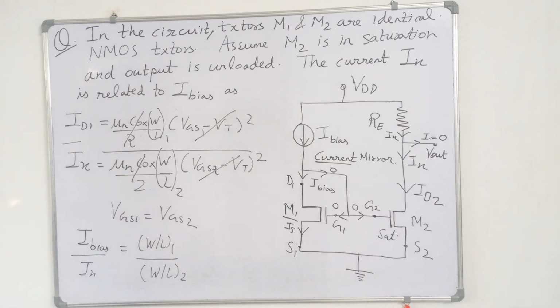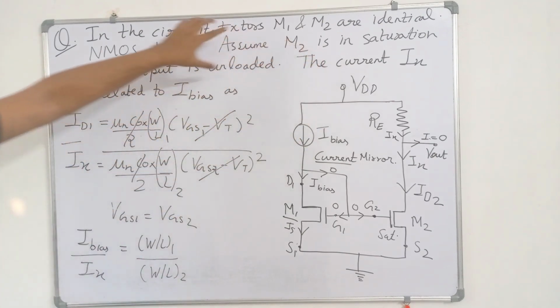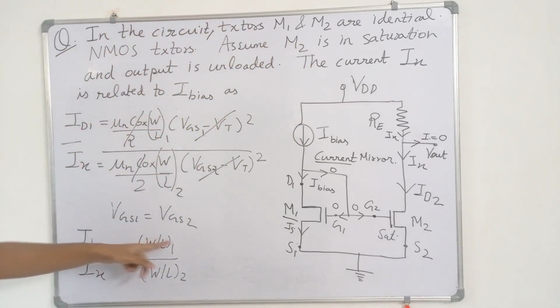So this is the relationship between both the currents. I bias upon Ix is equal to W by L of first transistor upon W by L of second transistor. So if the W by L ratios are same, then I bias will be equal to Ix, and in this question it is given that both the transistors are identical. So I bias will be equal to Ix.